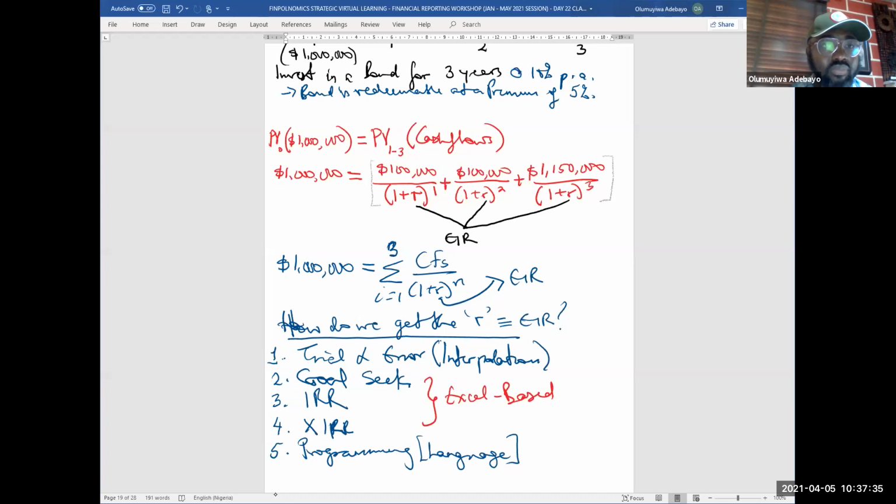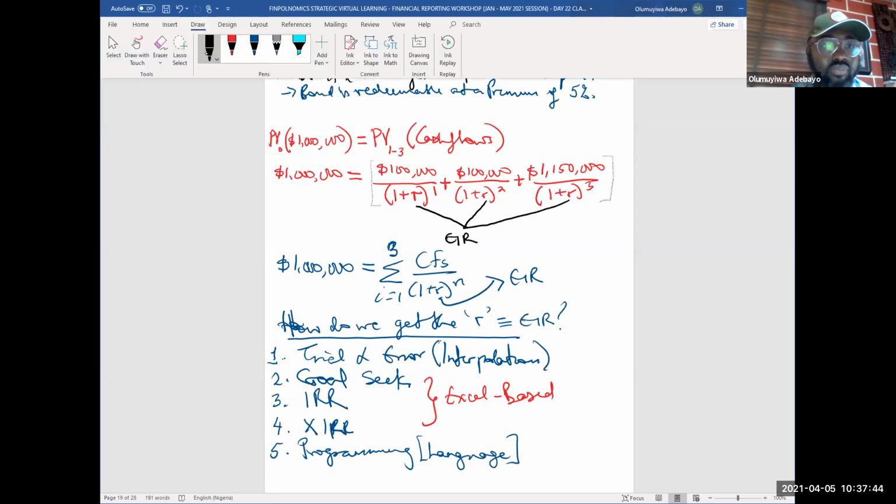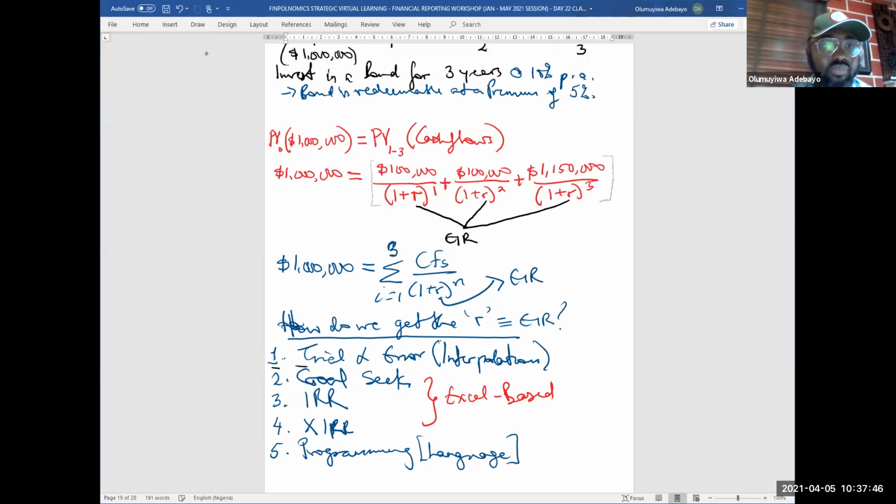Where I'm going to stick to, which is our focus at this point, is those that are within this box. But again, it should not be limited by what is in the box. Therefore, we'll be making use of Goal Seek, IRR, and XIRR in obtaining our effective interest rates.